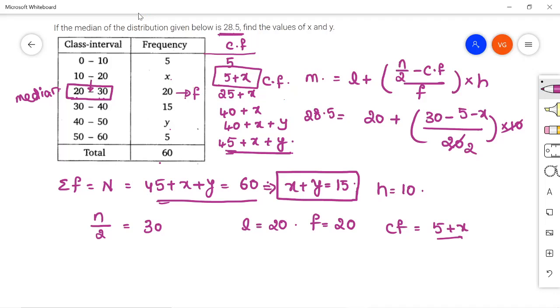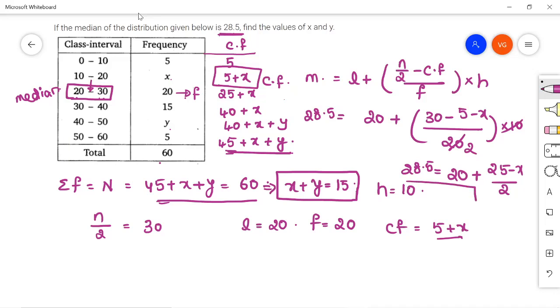If I solve this, bringing it to the other side, it will be 8.5, right? That is multiplied by 2 here. So I'll get 20 plus 30 minus 5, that is 25 minus x, divided by 2, is equal to 28.5.